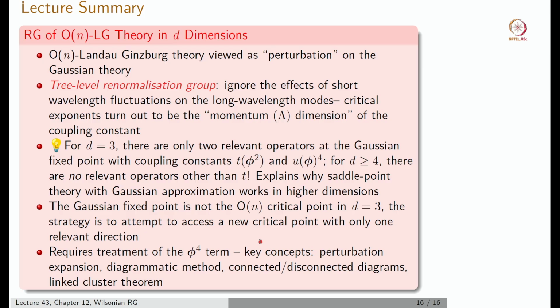So this requires a strategy. What we are going to adopt is, there is a relevant flow, so you are flowing away from this Gaussian fixed point. The question is, will you flow to some other fixed point which has only one relevant direction? If we can pull that off, then we can reasonably believe that it is going to describe the critical point realized in, say, the three-dimensional Ising model.